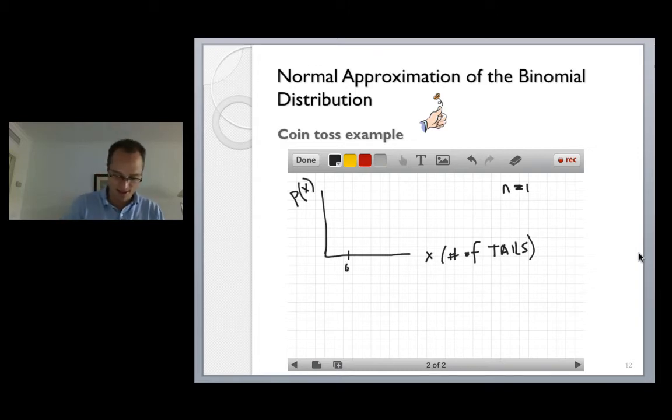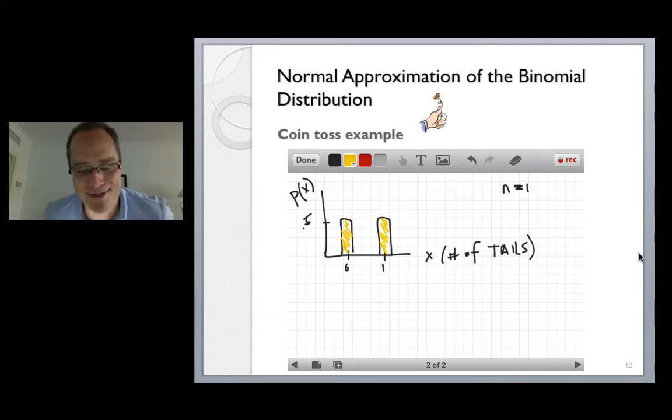It's possible that I get 0 tails, and it's possible that I get 1 tail. That's it, right? And we know that the probability of either of those happening is 1/2, 0.5.